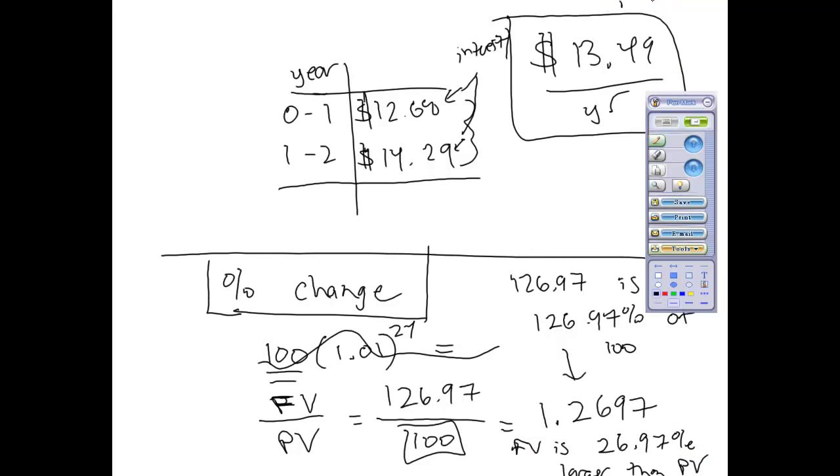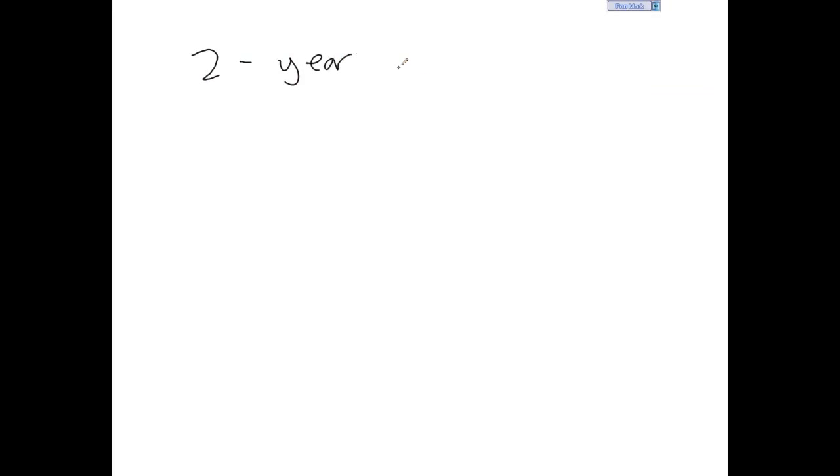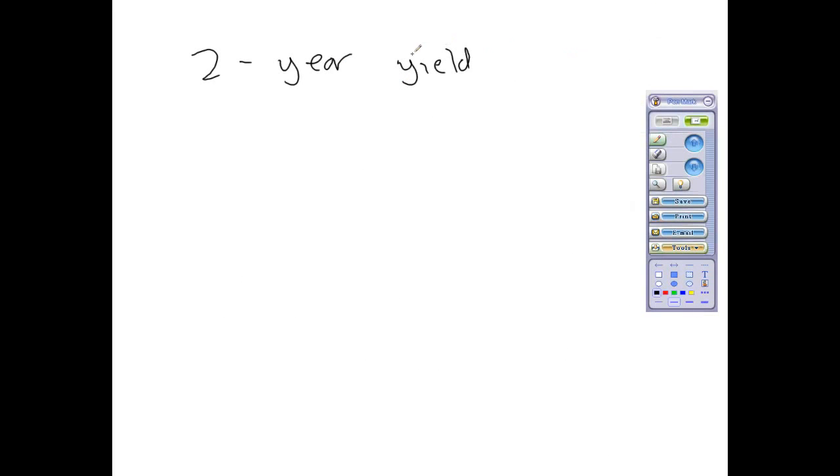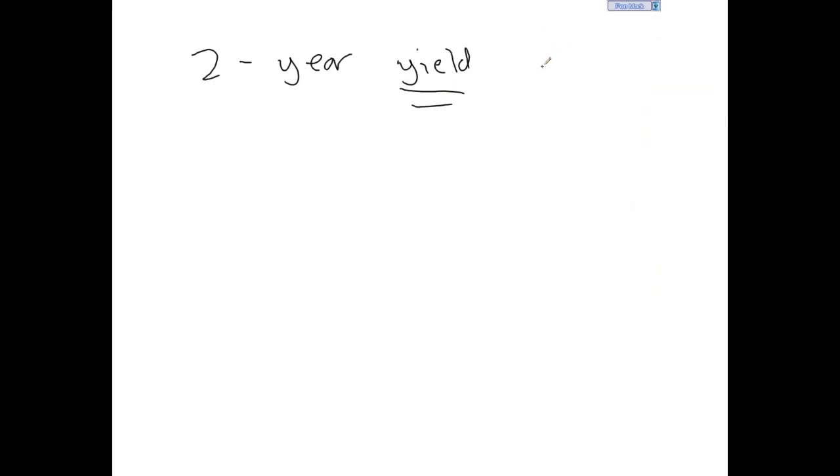Okay, so that must mean that what I'll call my 2-year yield, the percentage that I actually yielded relative to my present value, because that's what I'm doing. I'm comparing my 2-year amount to my 1-year amount, so that must be the 2-year change. The 2-year yield, we often use the word yield instead of change in finance, is 26.97%.